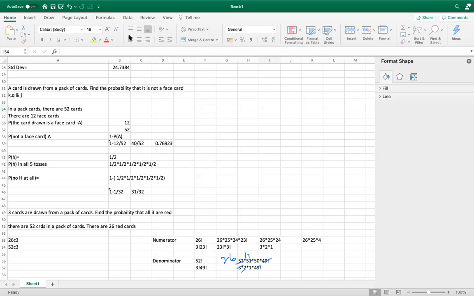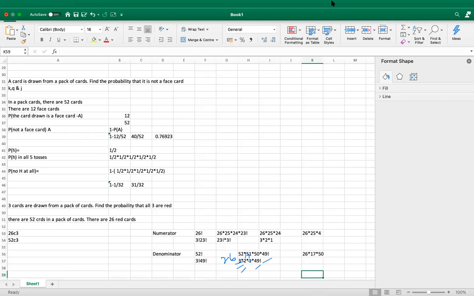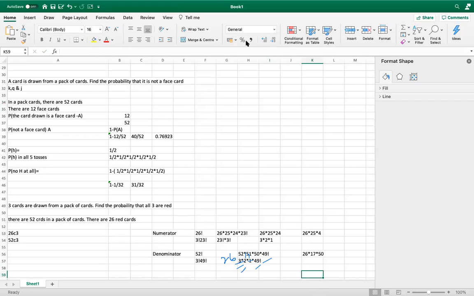So what do I get here? I will get here 26 into 17 into 50. ठीक है? So now let me see when I do the numerator and denominator. ये सारा annotation में है, erase करती हूँ. आपने देखा है ना, recording में भी आया होगा.